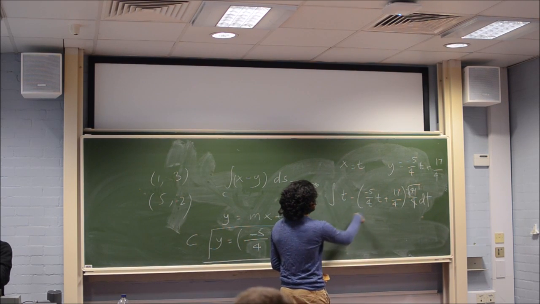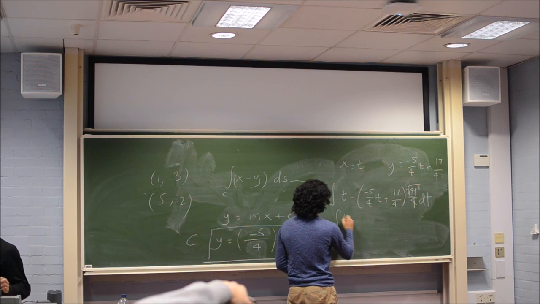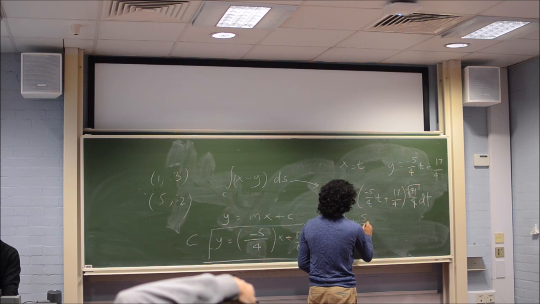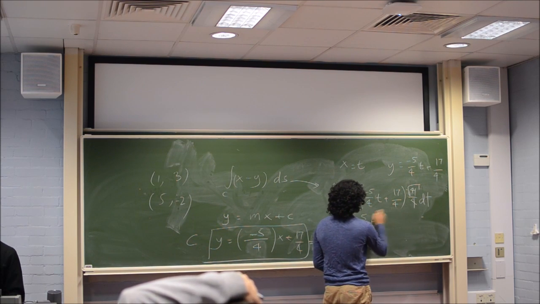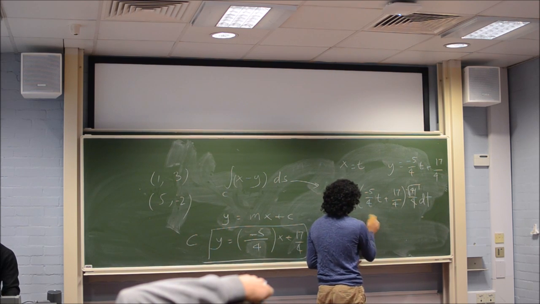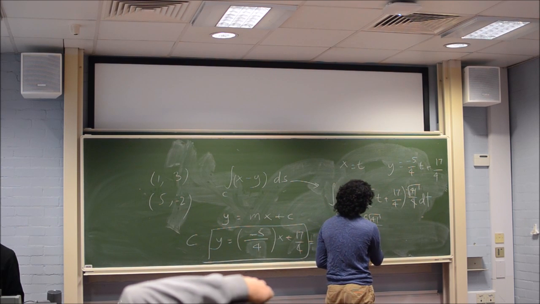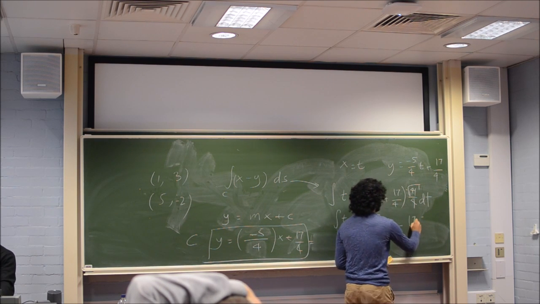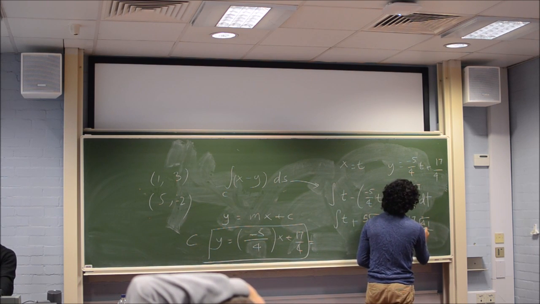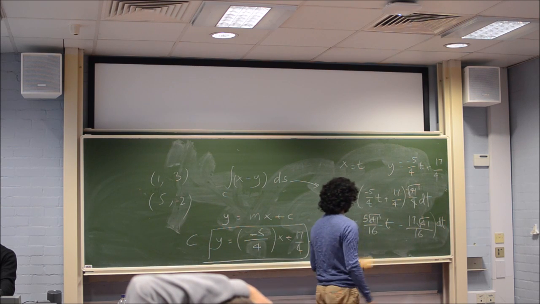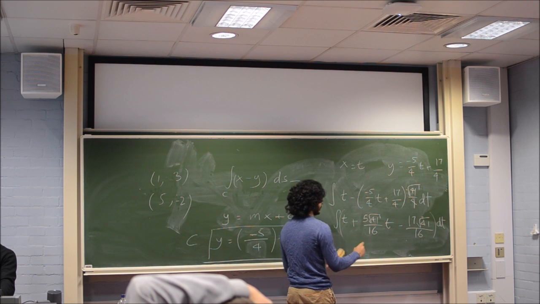So this is square root of 41 over 4, open the bracket, minus 5 over 4 t plus 17 over 4, times that. Multiply that out, and that is dt.